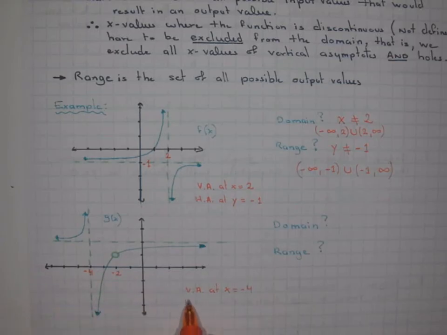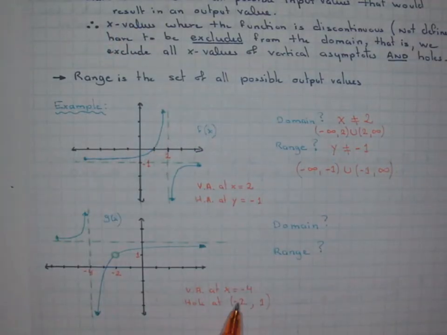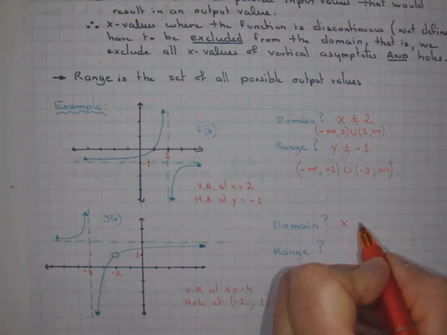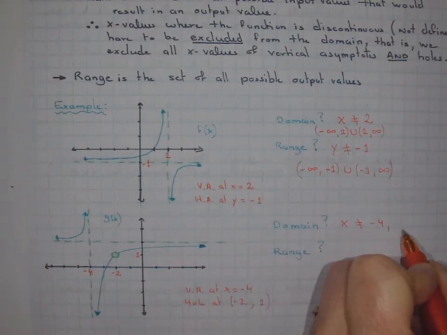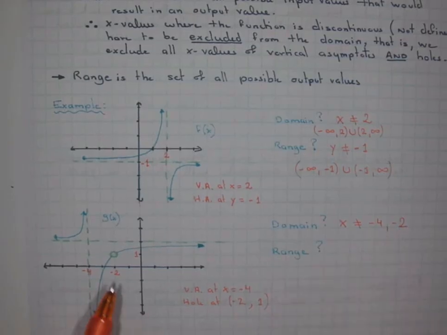So we also have a hole at -2, 1. Now, when I'm excluding for the domain, I'm only excluding the x value, right? Because remember, the domain will be all your x values. So I'm only going to exclude -4 and -2 for the domain here. So x cannot be -4, nor can it be -2. And I'm going to leave it at this notation.